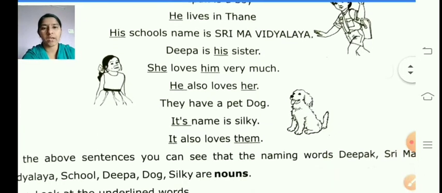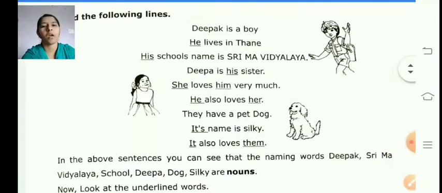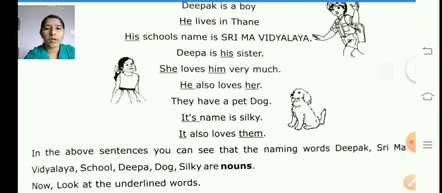Here you can see, in the above sentences, the naming words are the name of something. Deepak, Shrima Vidyalaya, Deepa, dog, Silky are all nouns because they are names of a person, place, animal and things.